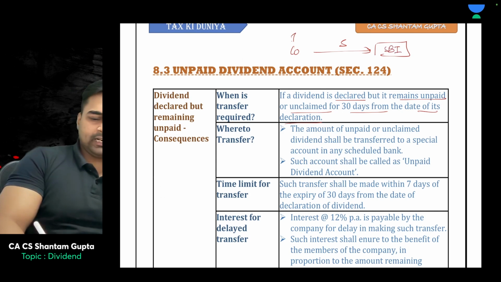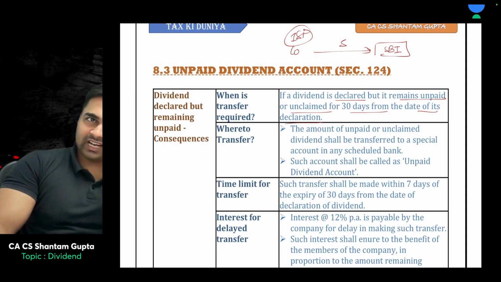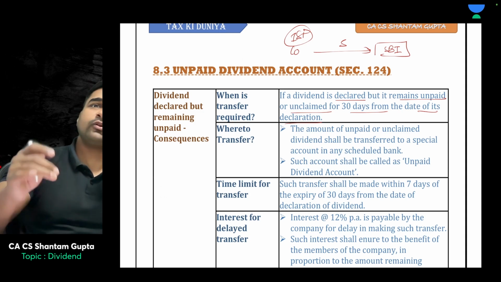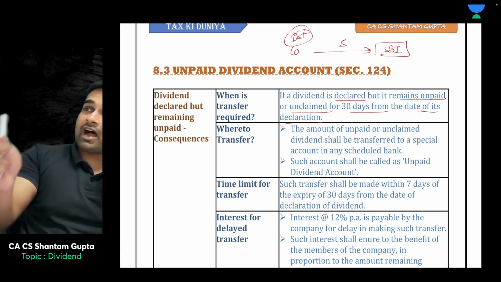Okay, so the company declared a dividend on 1st of Jan. You don't count the day when it is declared. Never count the day when you are declaring something or doing something. The day after that is counted.